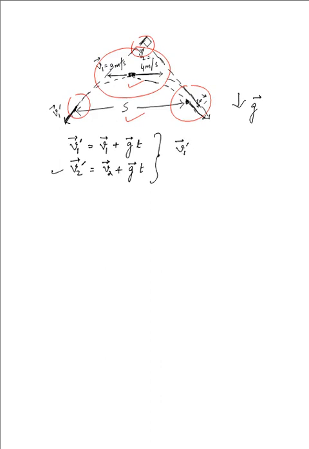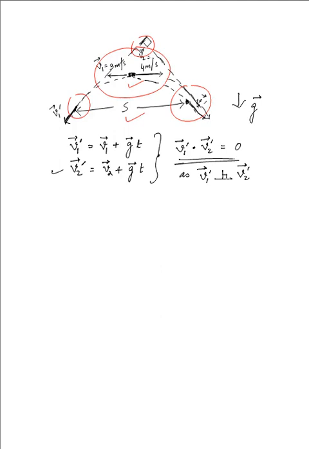So v1 dash dot v2 dash is going to be 0, because if they are perpendicular, their dot product is going to be 0. The dot product is v1 dash times v2 dash times cos 90, and you know cos 90 is 0, so this value is definitely going to be 0, as v1 dash is perpendicular to v2 dash.